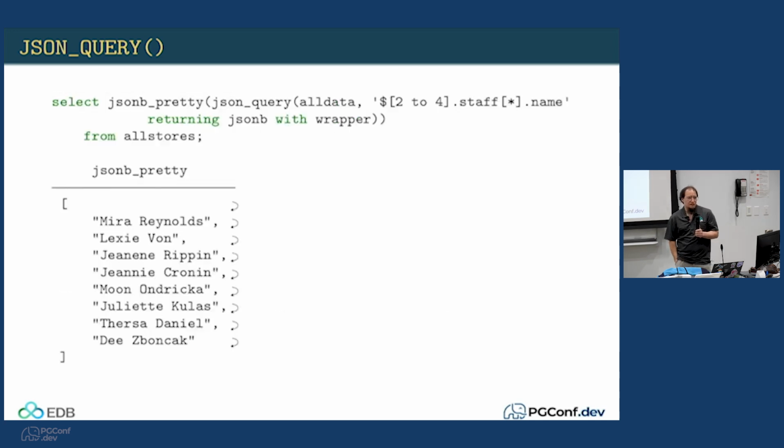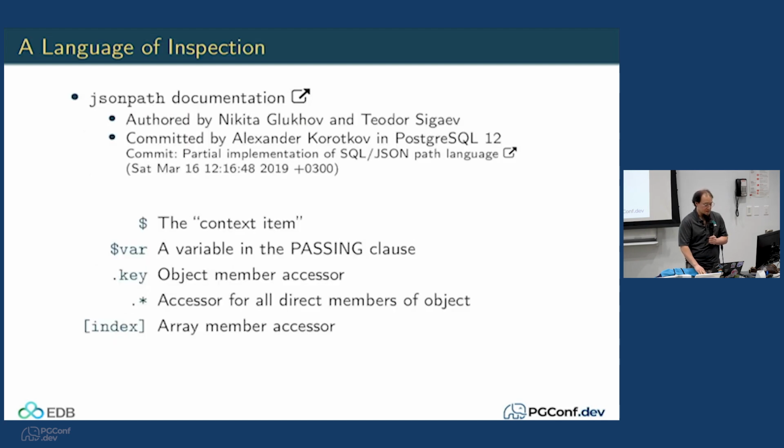So if I look at the result of this, you can see that here it is giving me an array of the names from staff of the stores 2 to 4 as a JSON array.